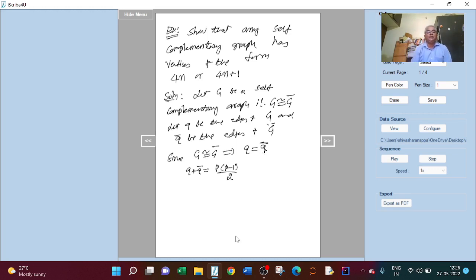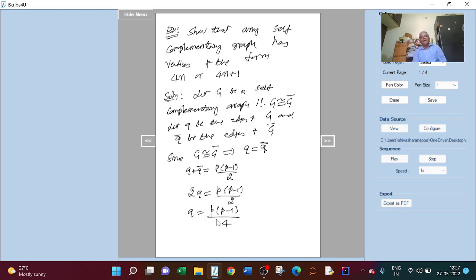Since Q bar equals Q, this becomes 2Q is equal to P into P minus 1 by 2. Or we write Q is equal to P into P minus 1 divided by 4. Q is a positive integer.